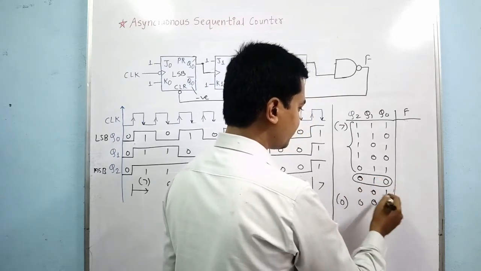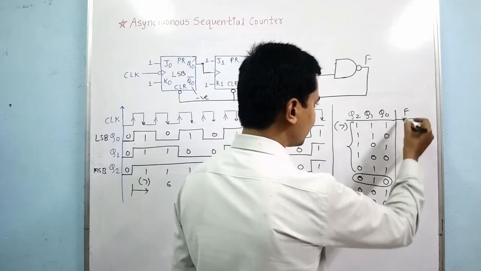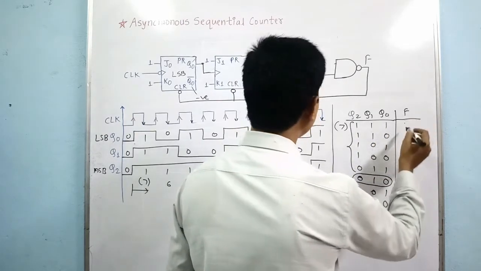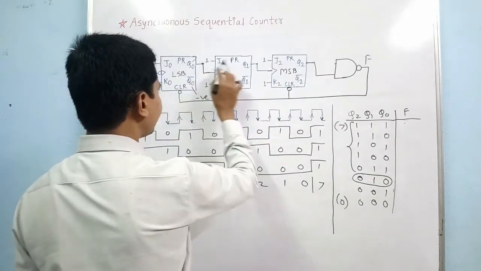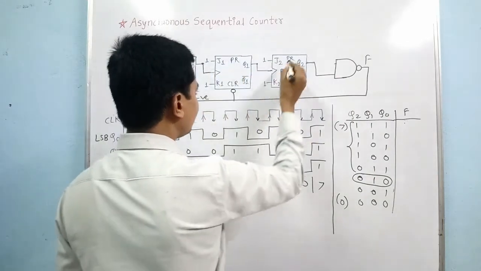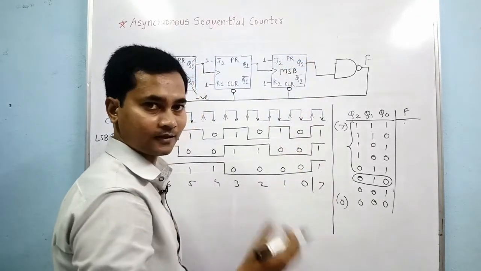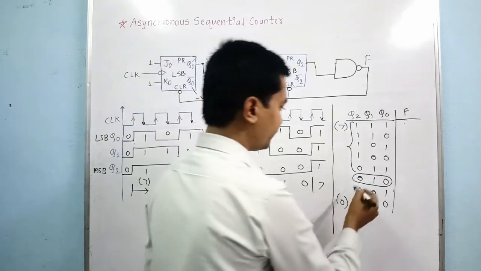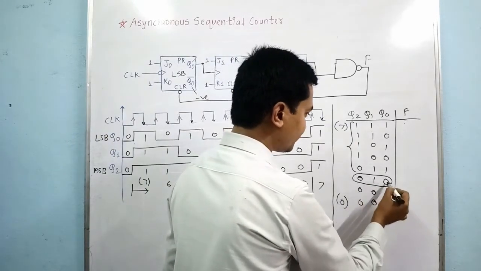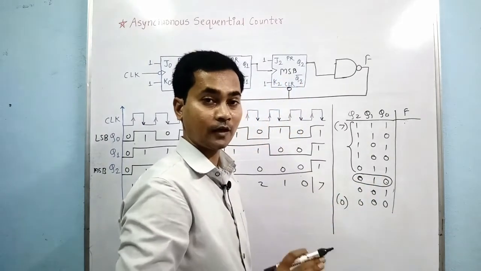Now you can see which flip-flop should be used here. For 1 1 1 the output should be set, so now just focus on these flip-flops. Consider that the preset is active high, so it requires an active high signal. That means when these two bits become 0 0, the output should be set to high.